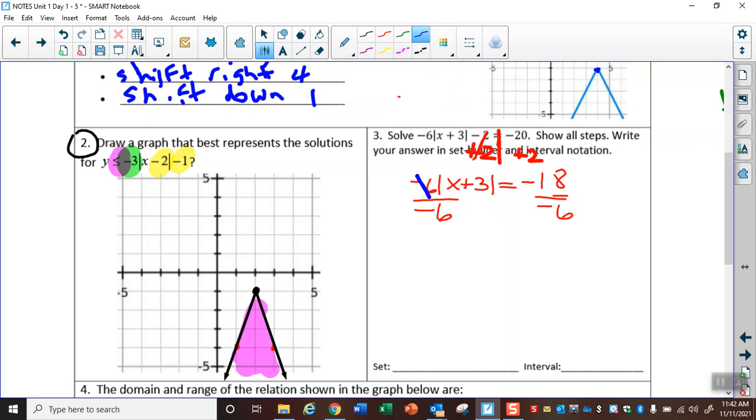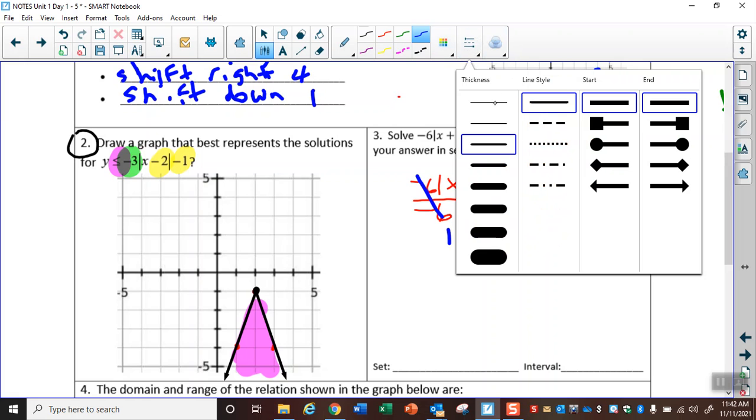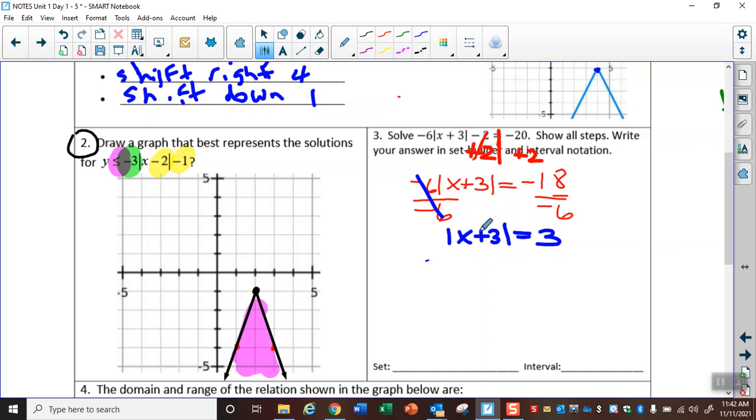Now that goes away, right? And I have the absolute value of x plus 3 equals, and then negative divided by negative would be +3. Now I've got my absolute value by itself.